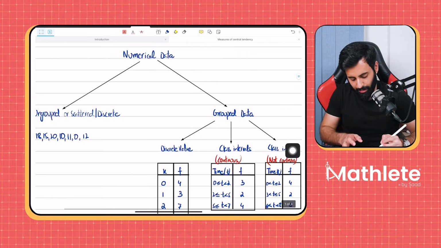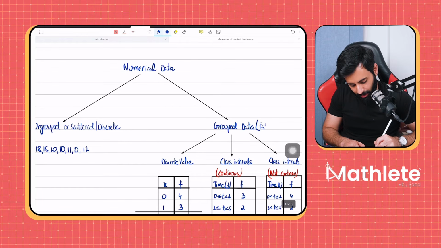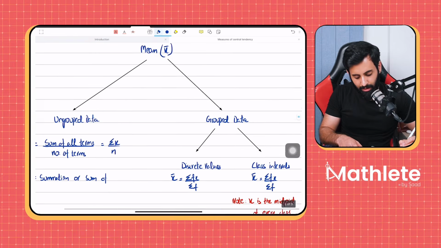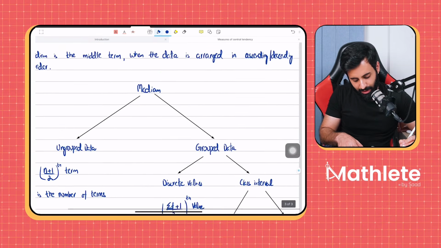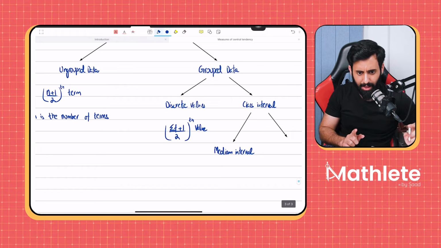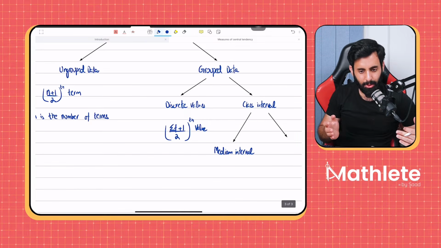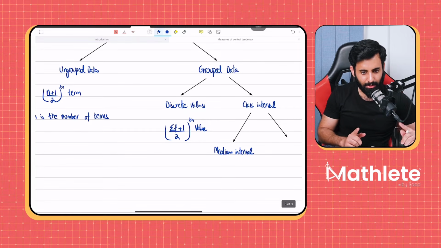I'm glad you asked me that question. Remember, if you're taking out the average and you're given group data, the question will always ask you to estimate the mean. Just like that, in group data, we can't find out the exact median, we find the median interval. Now, we can find out the exact median, or we can find out a value relatively closer to the actual median. But for that, we have to draw something.